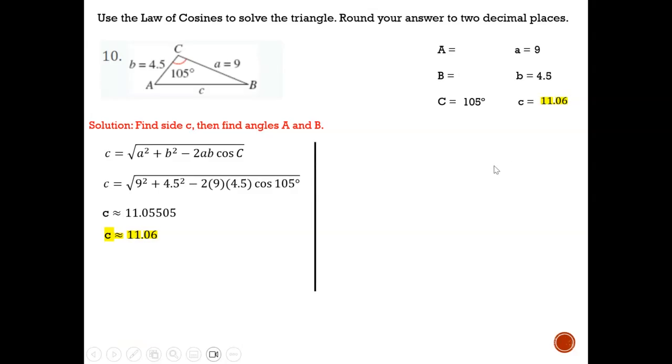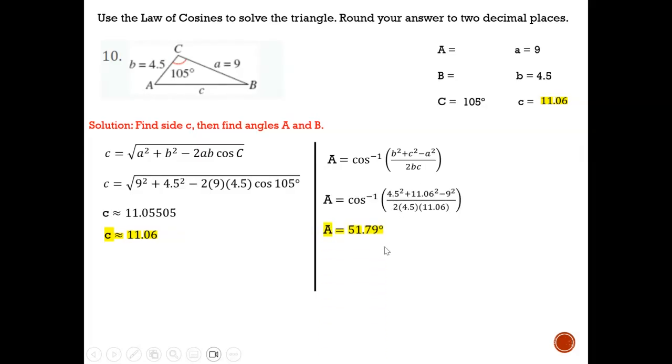Now for angle A. When we find angle A, we can see how many triangles it's going to be, because angle A is what determines if it's acute or obtuse. So for angle A, we use the cosine formula: inverse cosine of B squared plus C squared minus A squared over 2BC.